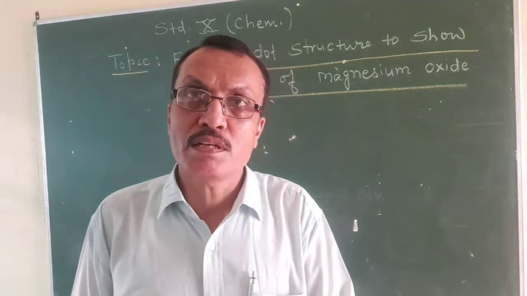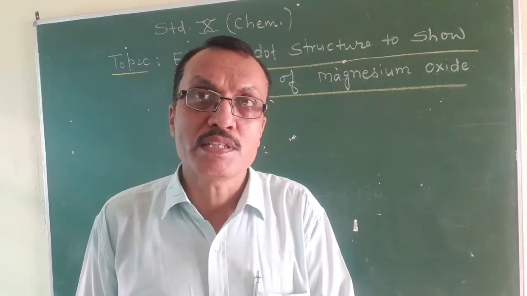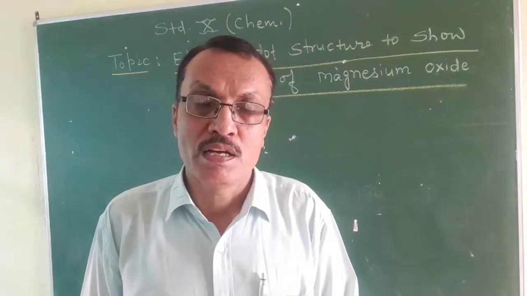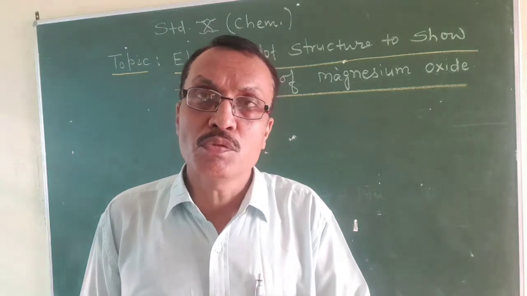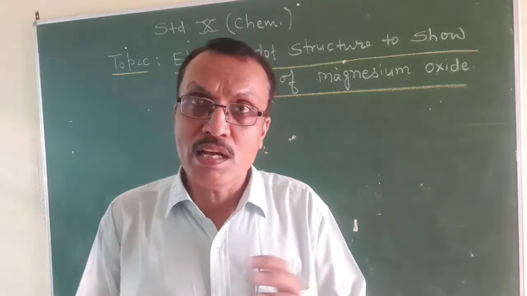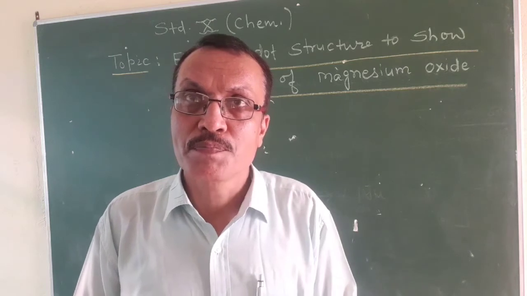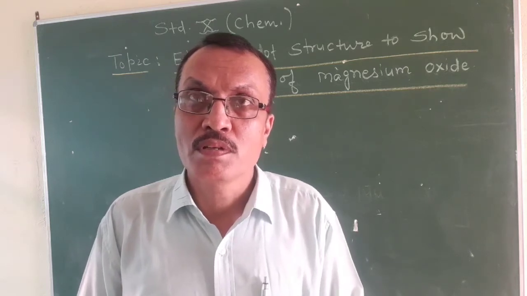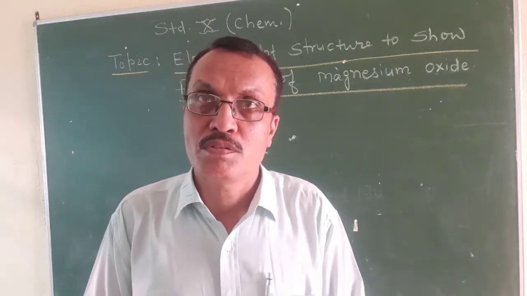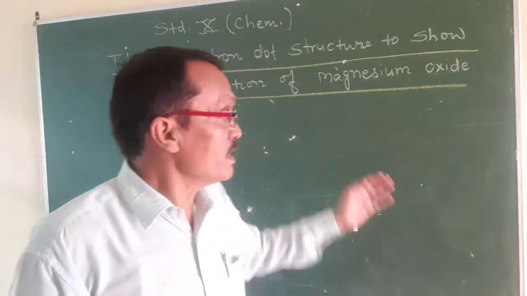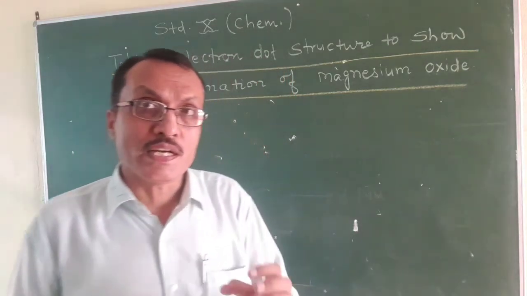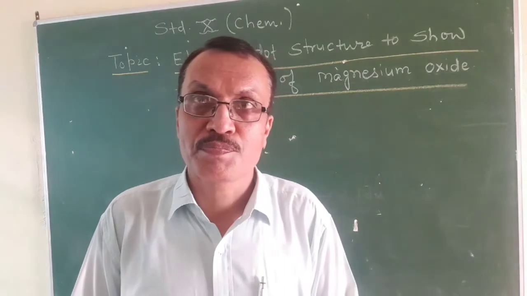Magnesium is a metal and oxygen is a non-metal. When metal and non-metal elements combine together, they form an ionic compound. So magnesium oxide here is an ionic compound.